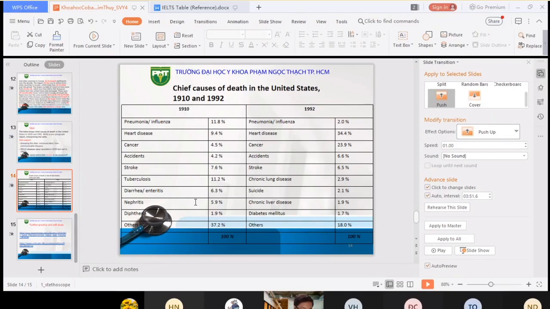Which one makes up the highest percentage? Which cause of death? If you add all of these percents together, you have a total of 100%.